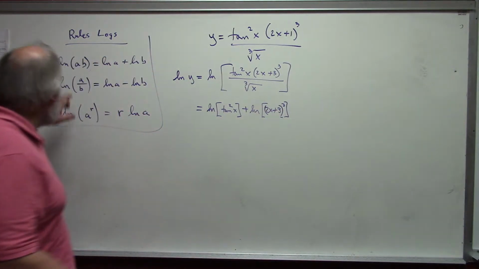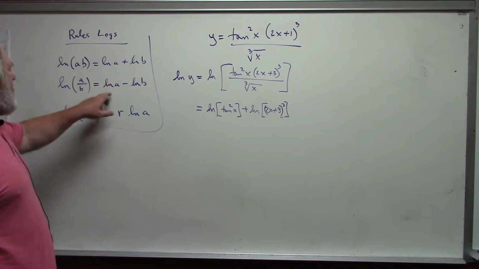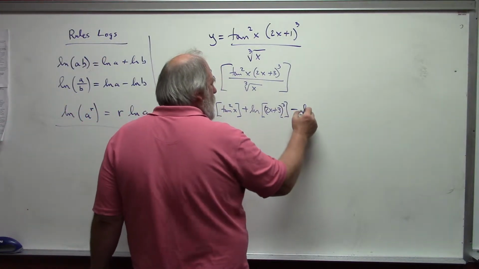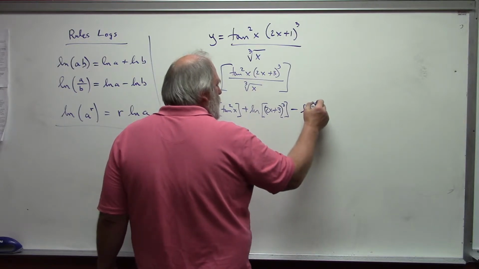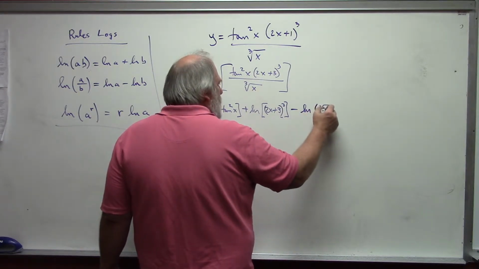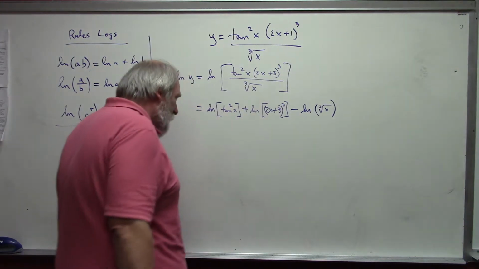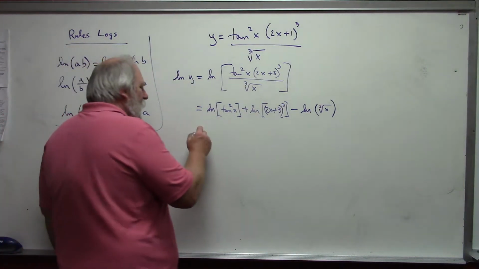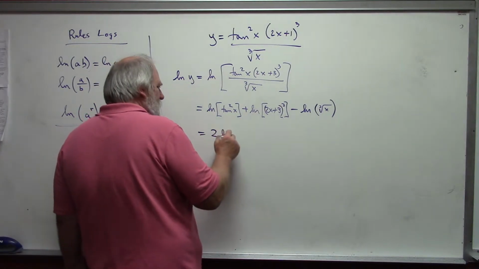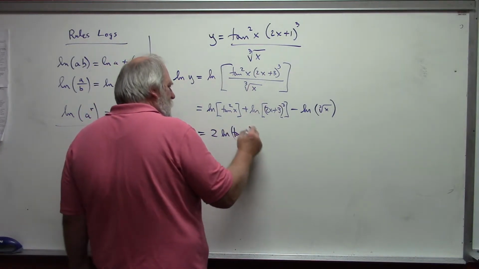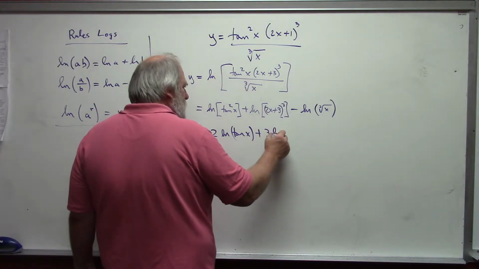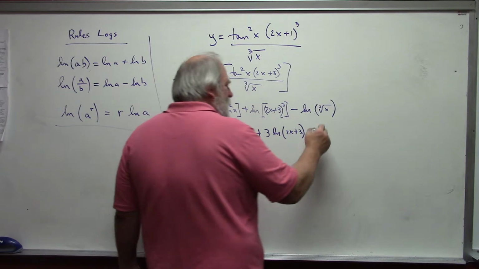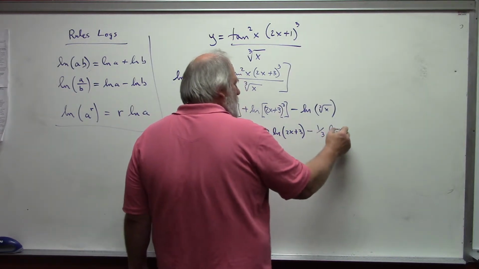That's using my first rule in the numerator, and the second rule in the denominator: minus the natural log of the cube root of x, which is x to the 1/3. Then using my bottom rule, this becomes 2 natural log of tangent of x plus 3 natural log of 2x plus 3 minus 1/3 natural log of x.